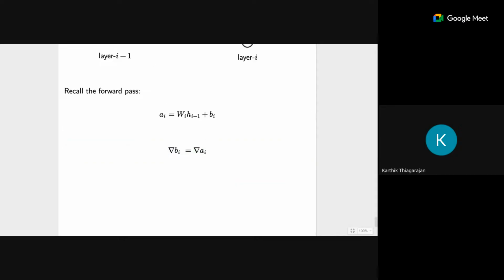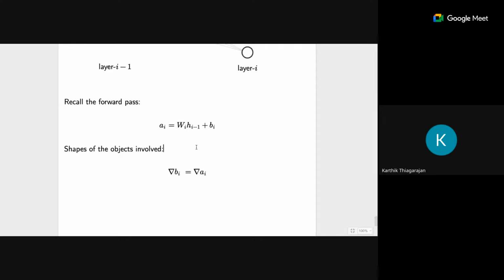So if you think you are going to forget this in the exam or wherever else you are going to apply this, what should save you is the shapes of the gradients or objects involved. At least as far as I am concerned, this is the only way I managed to remember this properly. What is the shape of ai, or what is the shape of the gradient of ai?